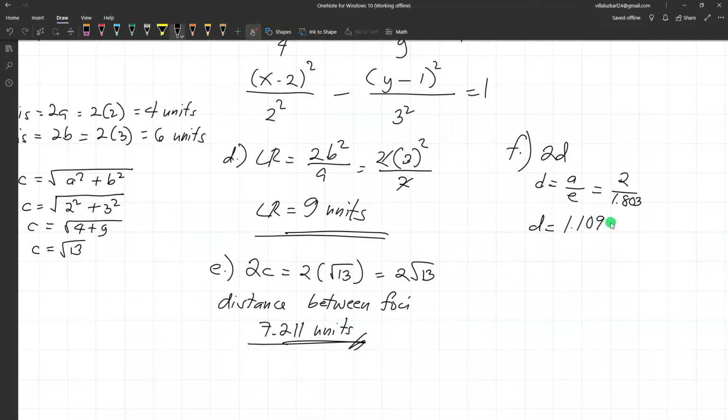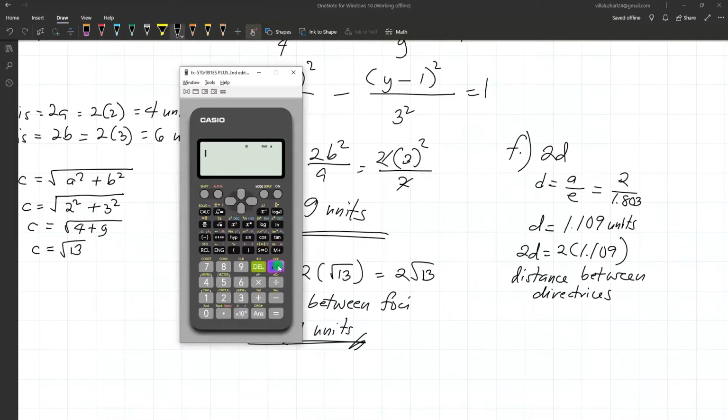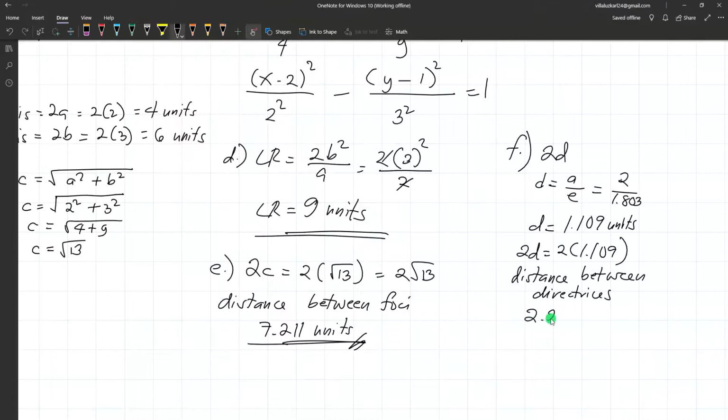So 2d is 2 times 1.109, and that's the distance between directrices. 2 times 1.109 equals 2.218 units.